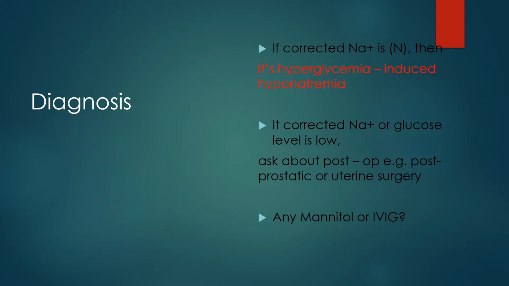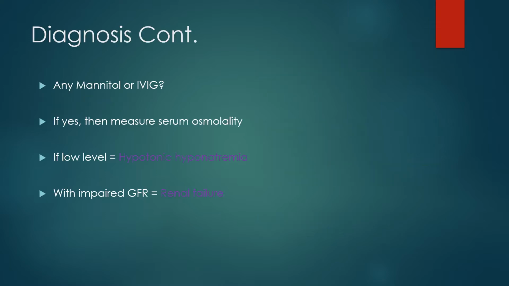Or intravenous immunoglobulin administration. We need to find out. Okay, if mannitol has been administered or intravenous immunoglobulin has been administered, then we need to measure serum osmolality. If it is low, then the diagnosis here will be hypotonic hyponatremia.